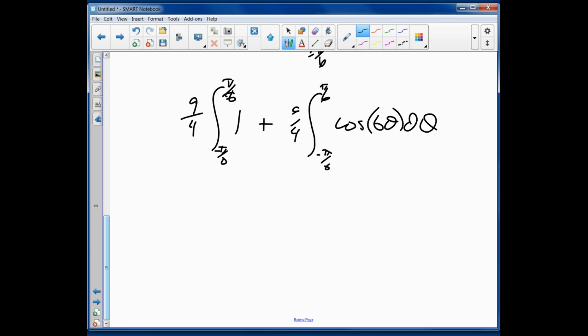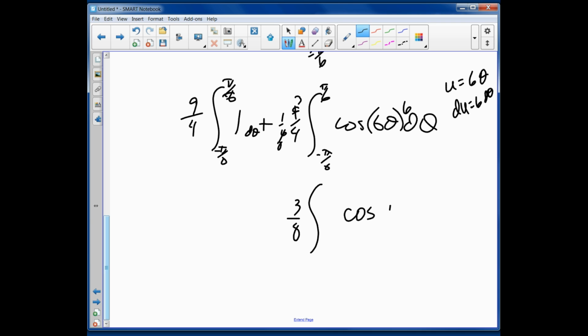This one is u equals 6 theta, du is equal to 6 d theta. So I need a 6 and a 1/6. So that reduces by 2 and 3, so we get 3/8 integral sine u du. And my limits of integration for this one become negative pi to pi.